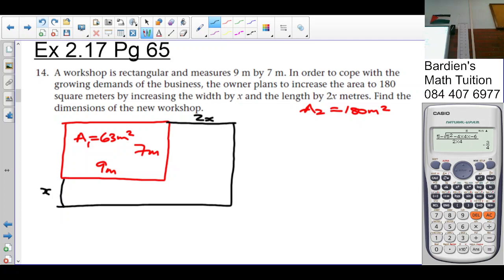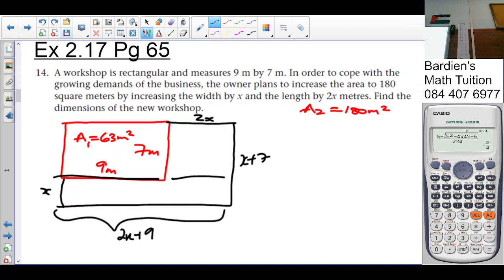So if this is 7 and that is x, then this length is going to be x plus, not 7x. Who's saying 7x? What's wrong with you? You're going to get x plus 7, and this here is going to be, since that is 9 and this is 2x, 2x plus 9, or 9 plus 2x. You all okay with that?